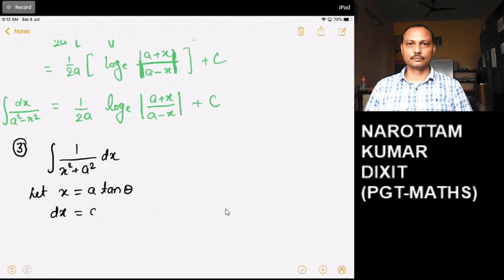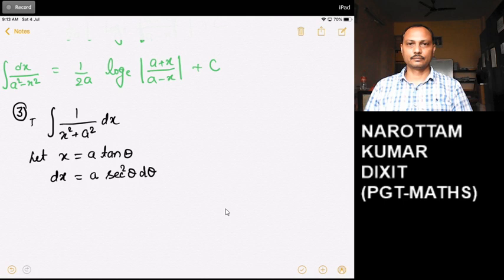Then its derivative dx is equal to a, and the derivative of tan theta is sec square theta d theta. Now substitute these values. Then the integration will be the integral of a sec square theta d theta divided by a square tan square theta plus a square.